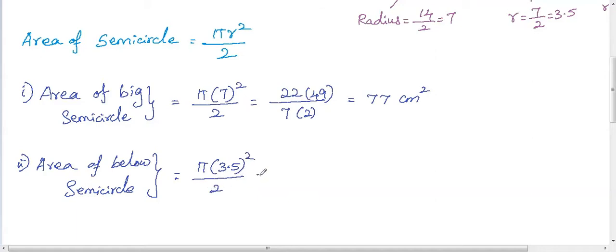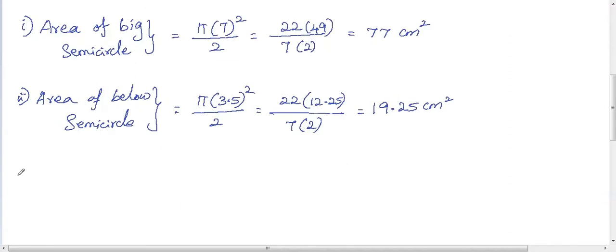Again the pi value is 22 by 7, and 3.5 whole square becomes 12.25. If we simplify this, we will get 19.25 centimeters square.